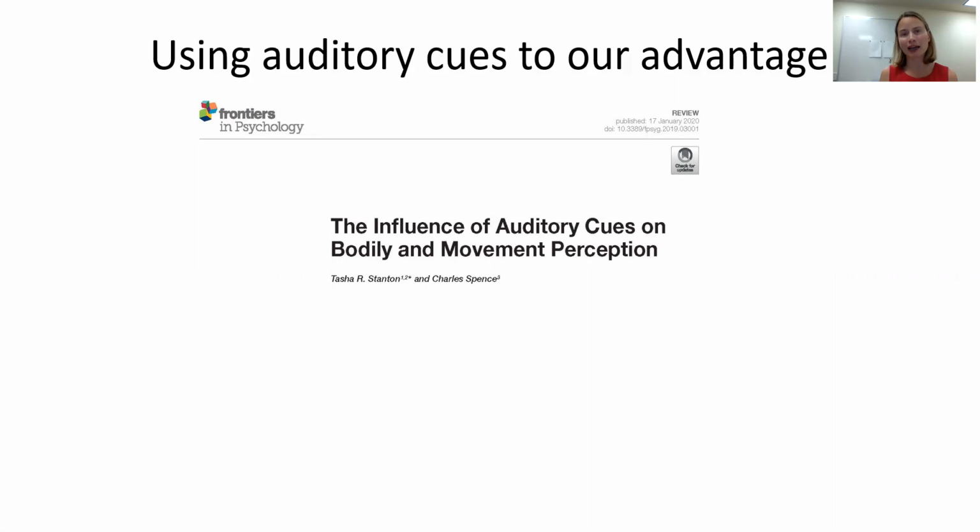So I recently did a review collaborating with Charles Spence, and we found that adding auditory cues to things influences our perception of our own body, of the surfaces that we touch, the movements that we do, how much force we think we have, things about our body, how much we weigh. And all of these things could have really relevant impacts for people that have pain. So if we can do an illusion that makes you feel like you're less heavy, does that help someone who has foot pain when they're walking?